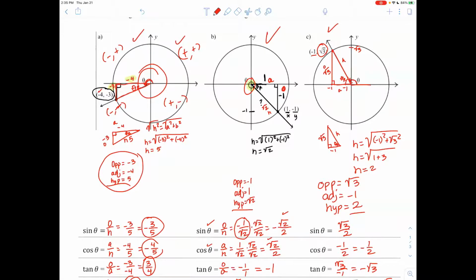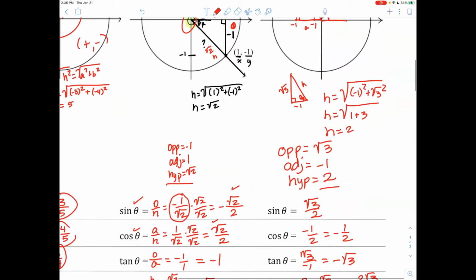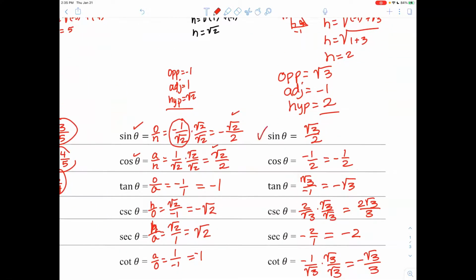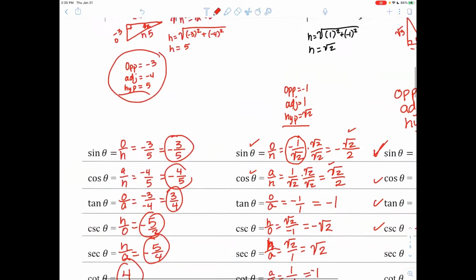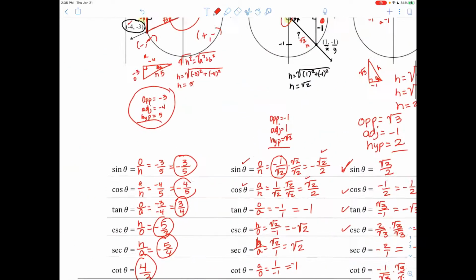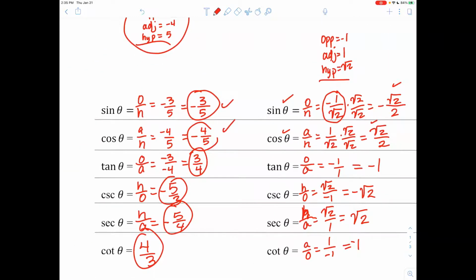So in quadrant 2, let's look at that first. Notice that your sine was positive and your cosine and your tangent were negative. Okay, so that's interesting. So of course, their reciprocals would have the same signs. So since sine is positive, cosecant is positive, like that. In quadrant 3, what you'll notice is your sine and your cosine values are negative and your tangent's positive, right? That's because your x and your y are negative.